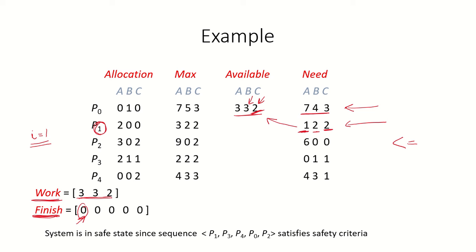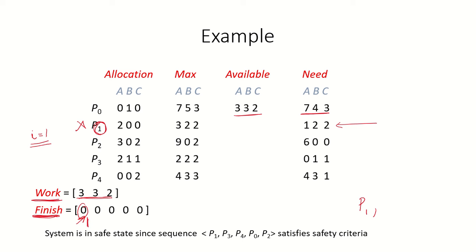So we will assume that we have allocated its requirement, whatever it needed, 1 2 2, we allocated to process P1. So P1 ran, it was executed, and now it is finished. So P1 has run now and it has completed its execution.